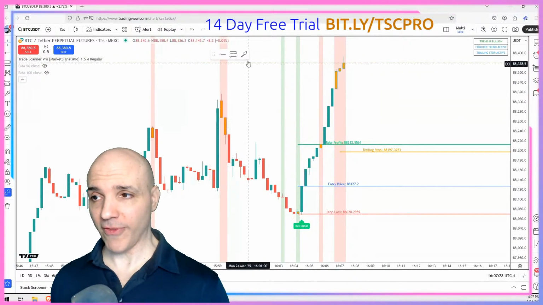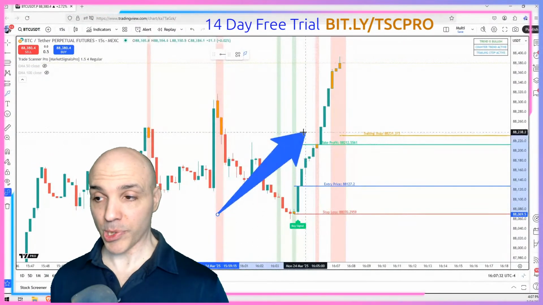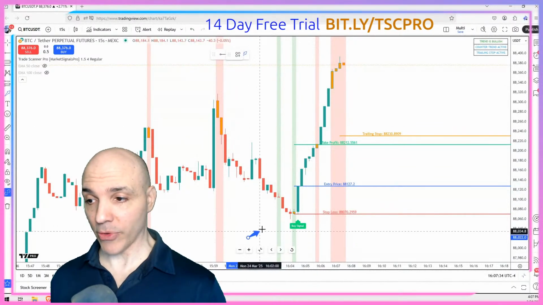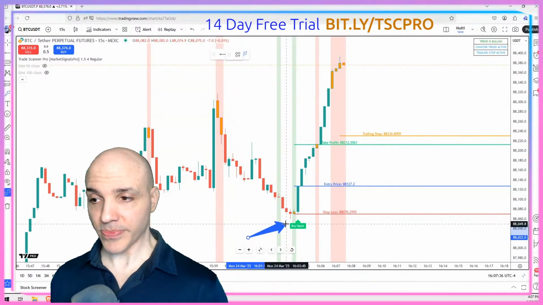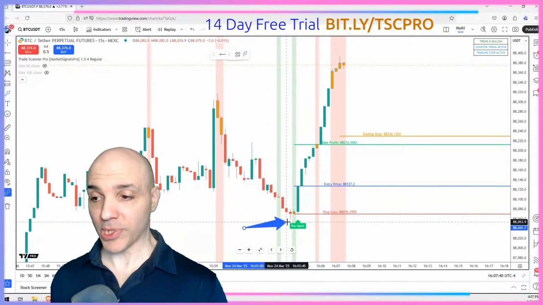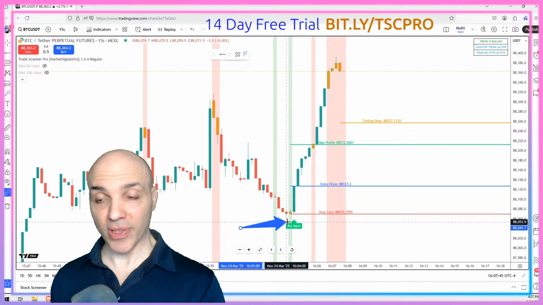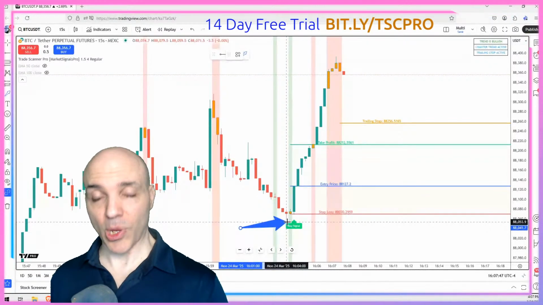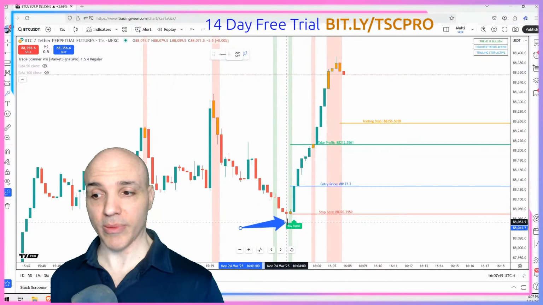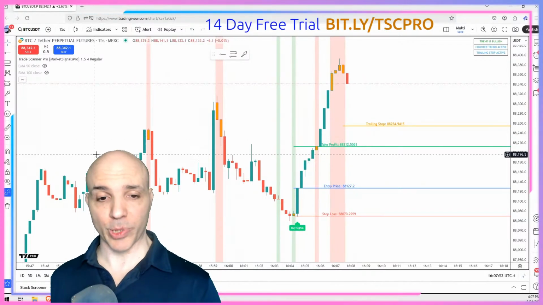If I turn this off, these trade lines will vanish also, because this trade was taken in counter trend mode. Remember, at the time, the trend was bearish. In order for this to give us a long, the trend has to be bearish on this time frame. Yes, I realize that can be very confusing, but that's why counter trend mode requires more experience.